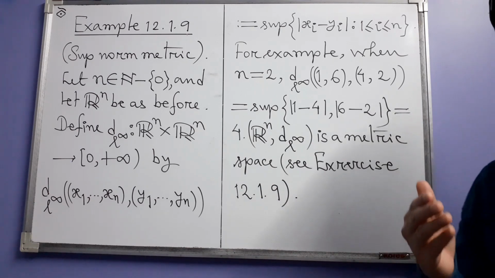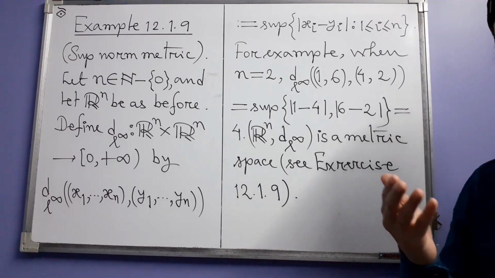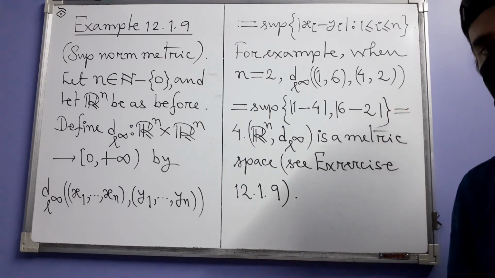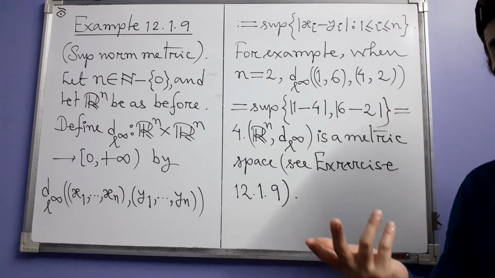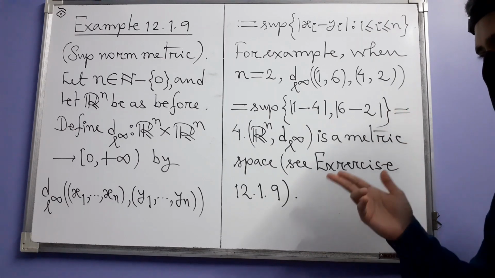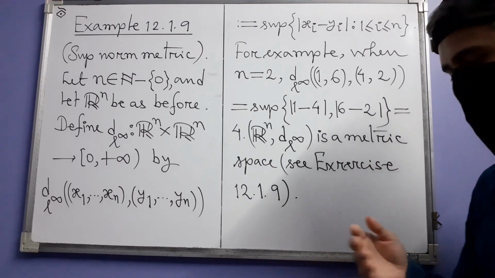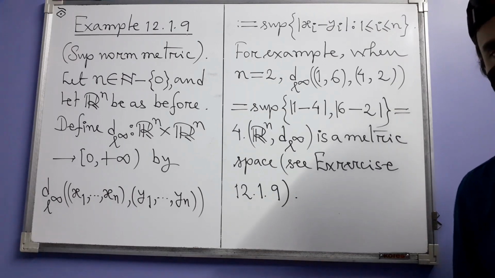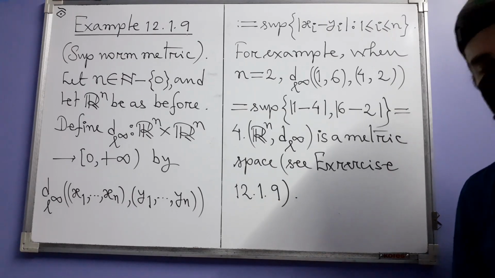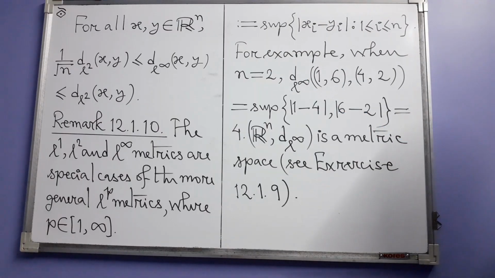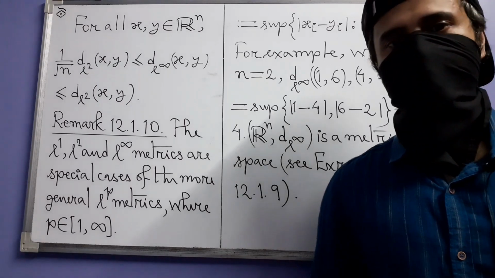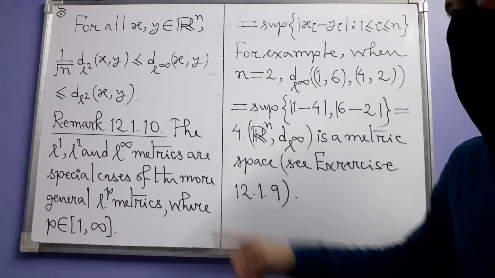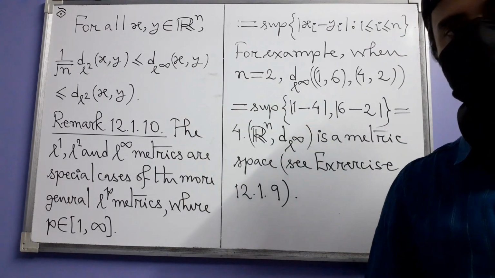Now, just like there is a relationship between L1 and L2 metric, which is given by some inequalities, similar inequalities are there between L infinity and L2 metric. Let's see what they are. Okay, so the relationships are given by these inequalities.